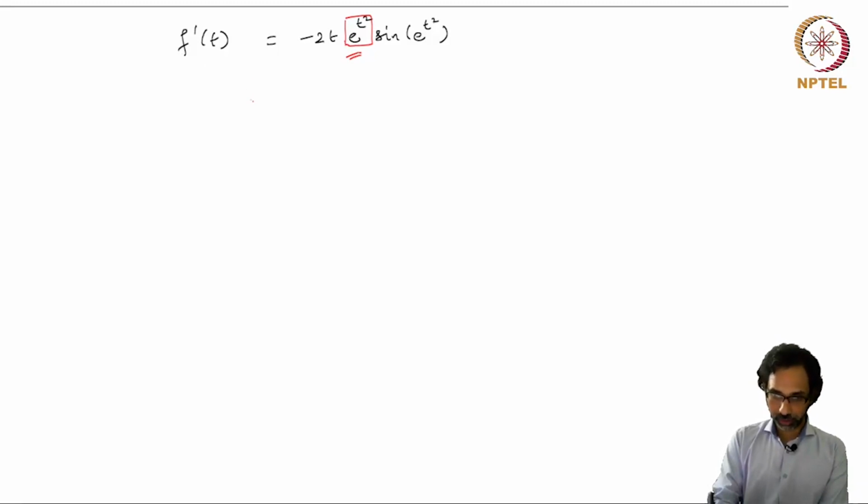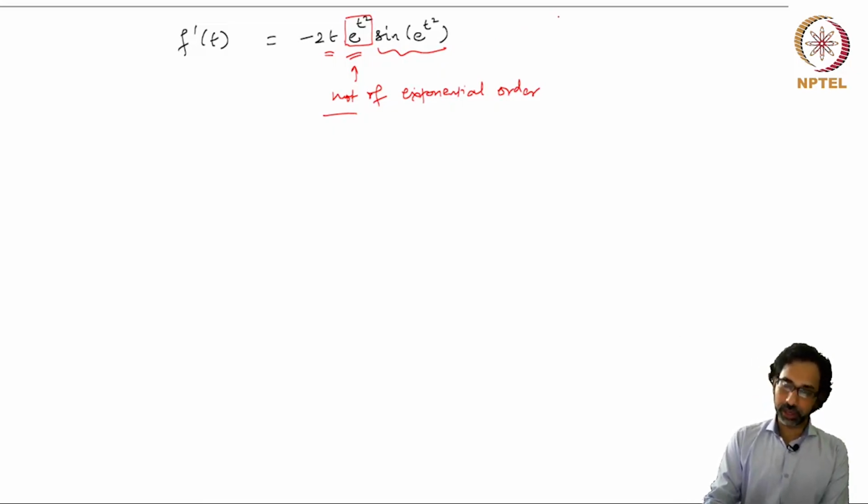We have seen before that this is not of exponential order, and even though t itself is of exponential order, even if you multiply a function which is not of exponential order with other functions which are of exponential order, in the end you will still get a function which is not of exponential order. So the derivative is not of exponential order. Yet we will see that the derivative theorem still applies to such functions, and our formula will be valid.